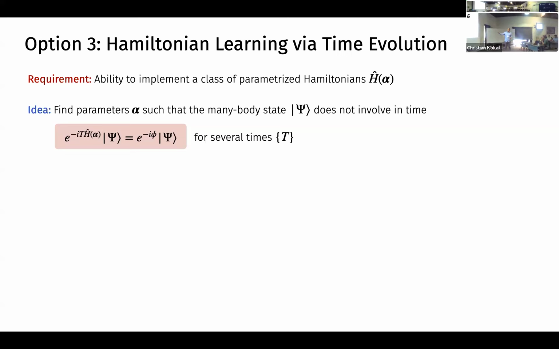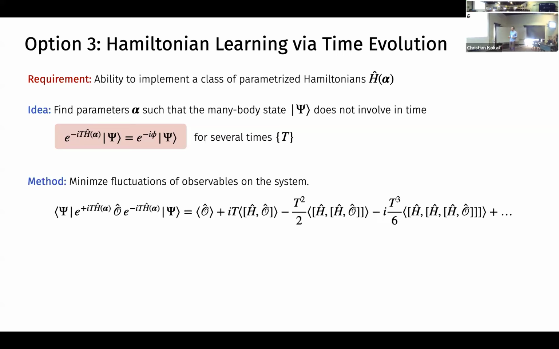The idea is, if you have in your lab the ability to engineer different Hamiltonians, for instance a programmable quantum simulator, or you do digital Hamiltonian simulation, then you could try to find a Hamiltonian such that if you time evolve the state, it stays unchanged. It's also kind of the idea of this here, but here you can time evolve for longer times and go beyond this first order approximation.